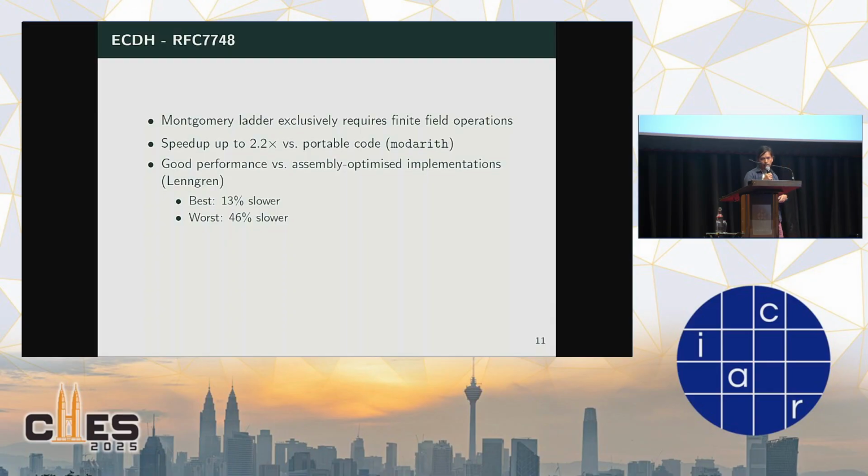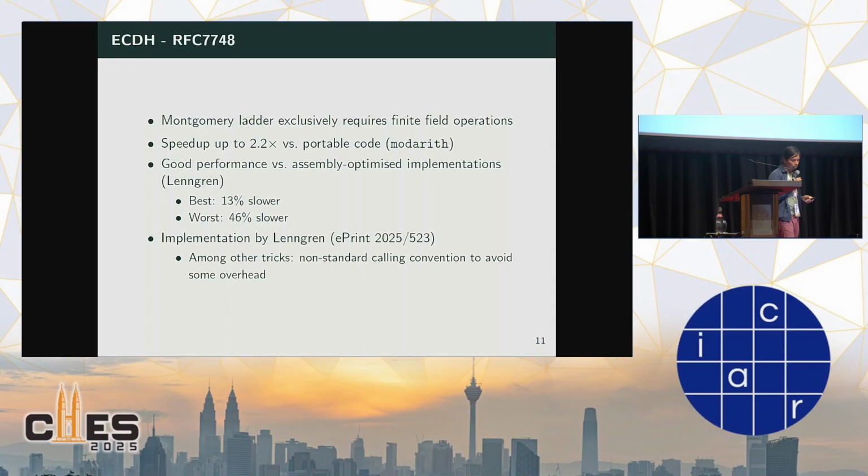Again, this was expected because we know that going directly to the assembly level is the fastest method, the layer in which we have to write our code to achieve the fastest performance. The implementation by Emil is available here.